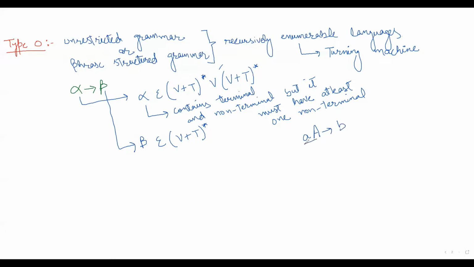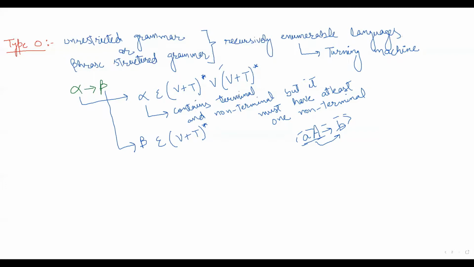so here you can see this type of production rule is alpha gives beta. Okay. So what is type 0 grammar or unrestricted grammar? In the unrestricted grammar, production rules are of this type, alpha gives beta, such that alpha belongs to (V plus T) star, V and (V plus T) star. What does that mean?